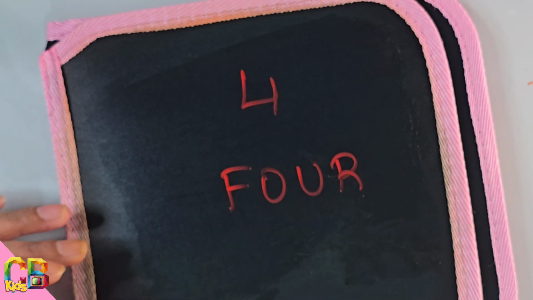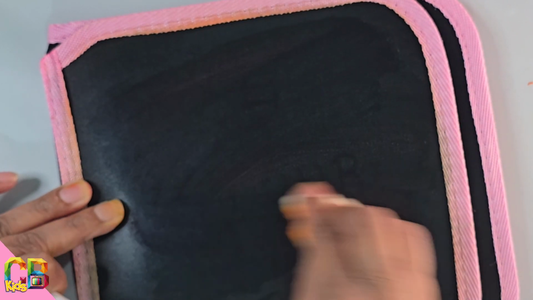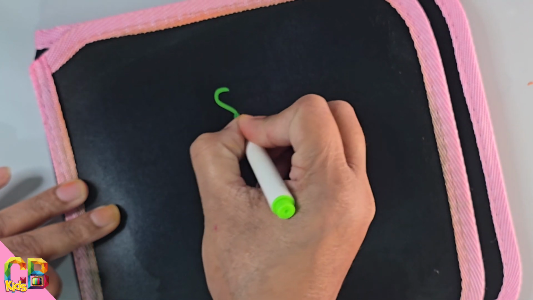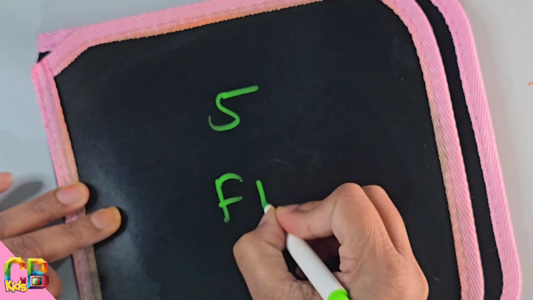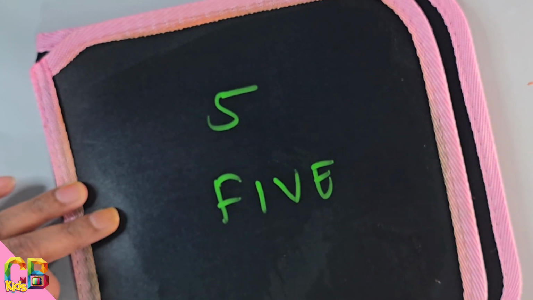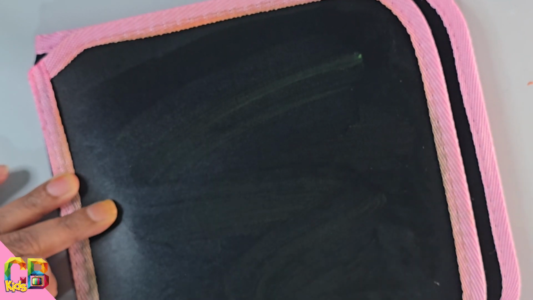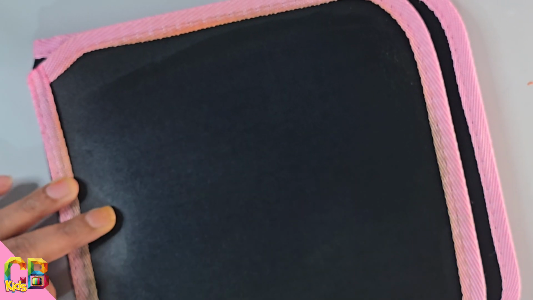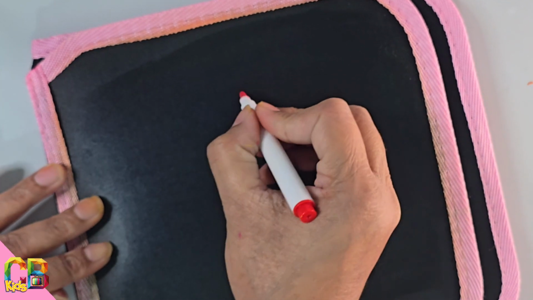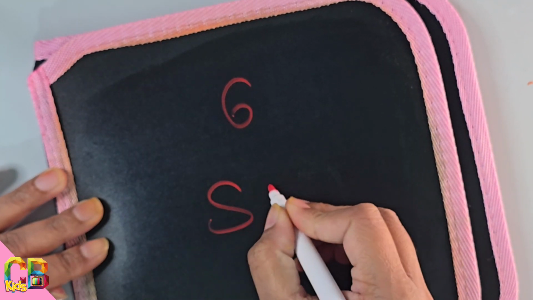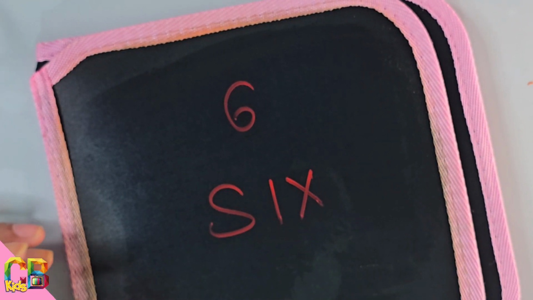Okay. Now let's write another number which is going to be 4. F-O-U-R, 4. Okay. Now let's move to another number which is going to be 5. F-I-V-E, 5. Now let's move to another number which is going to be 6. S-I-X, 6.